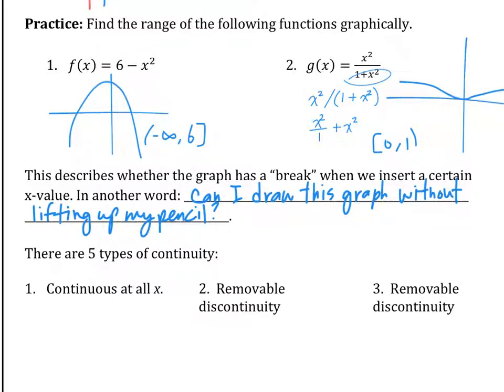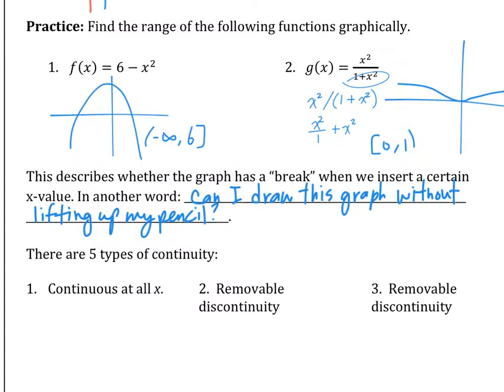Can I draw this in one stroke? Or do I have to draw it, stop, and then draw it again? If I can draw this graph with one stroke, that is continuous. If I have to take my pencil off and then draw it again, then that is not continuous.